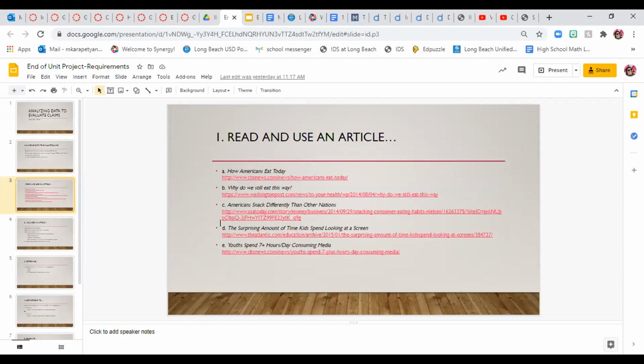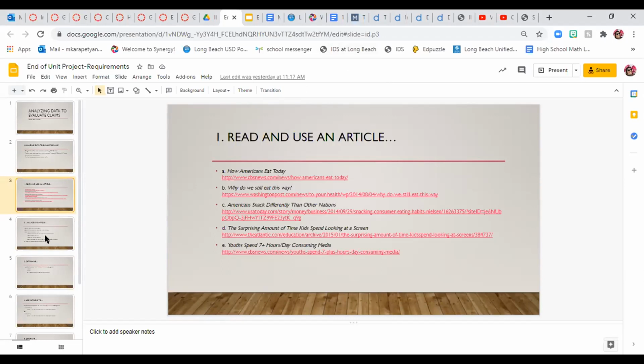We have The Surprising Amount of Time Kids Spend Looking at a Screen. And finally, we have Youths Spend 7+ hours a day consuming media. Okay, so you are going to choose one of these articles, only one, and you're going to read through it.